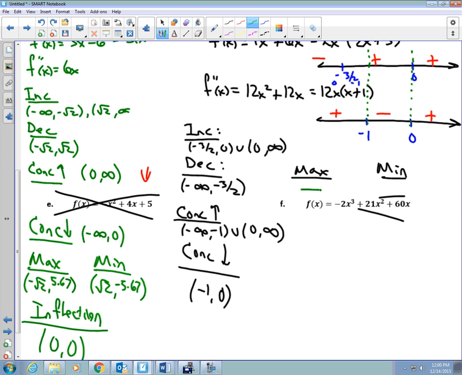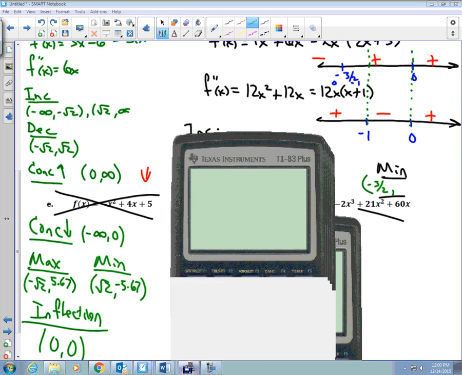So therefore, there's no maximum. The minimum occurs where it changes from negative to positive. Does that happen? At negative 3 over 2. And if you plug in negative 3 over 2, you can see that it is concave up there, so it is a minimum. Let's go to our original function.